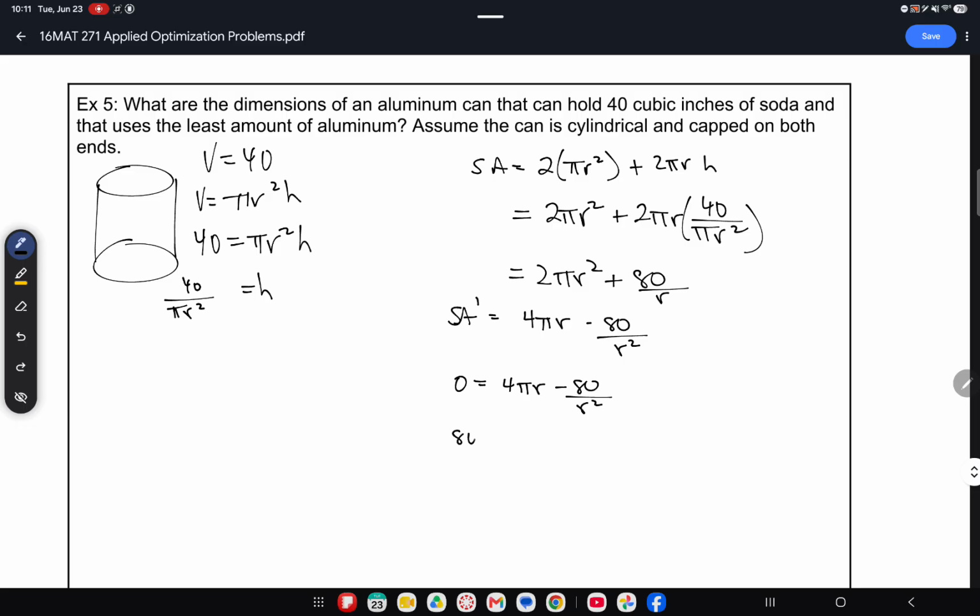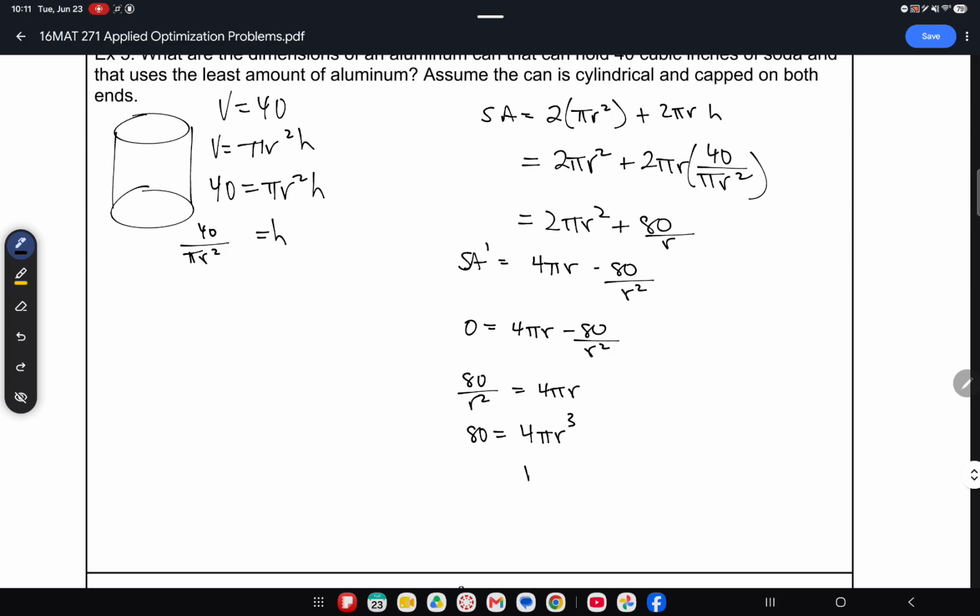Let's add 80 over r squared. And then multiply. And then divide. Which, let's see.